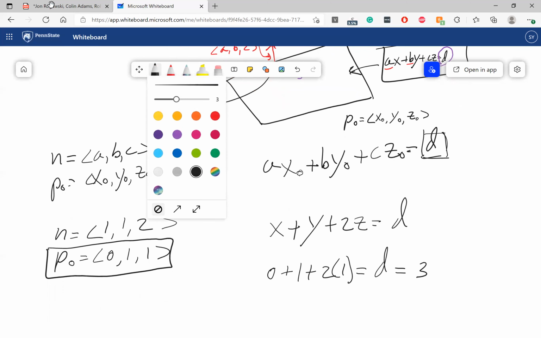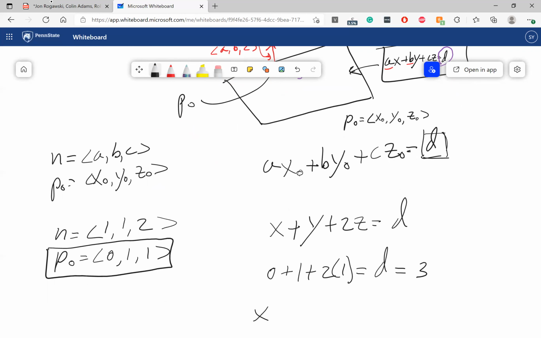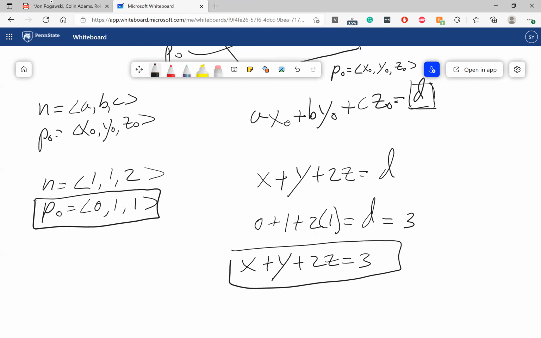So now I can say that my plane is x plus y plus 2z is equal to 3. And that gives me the equation of the plane that I was looking for.